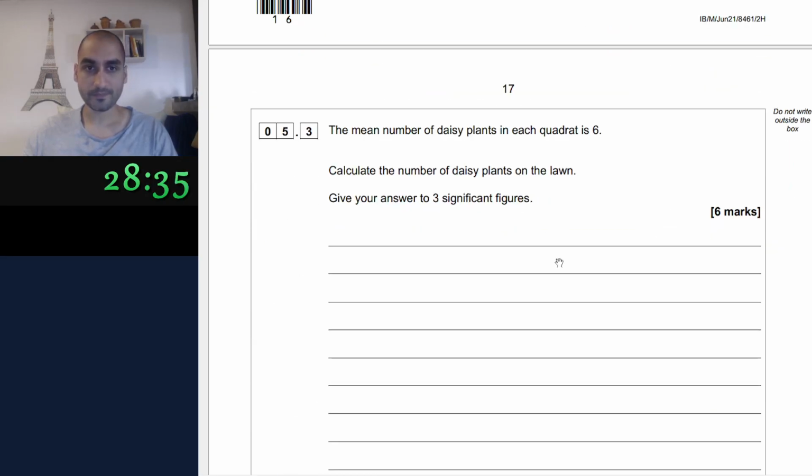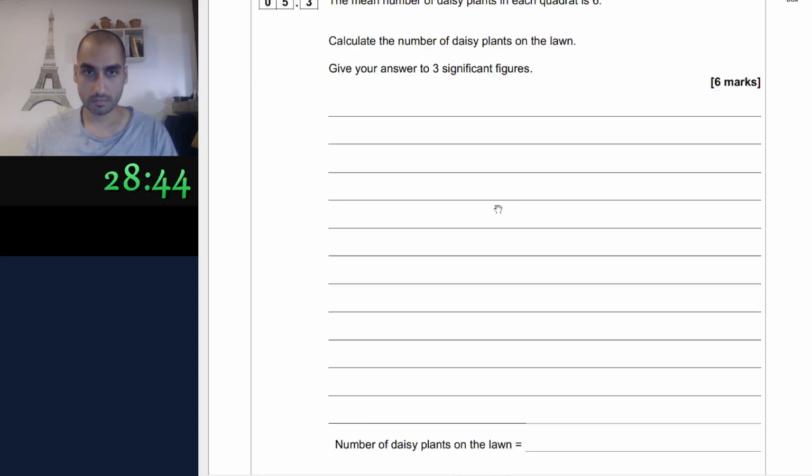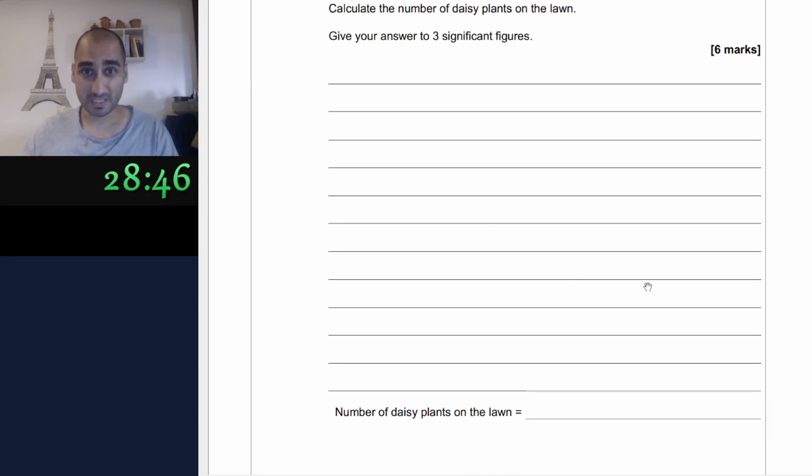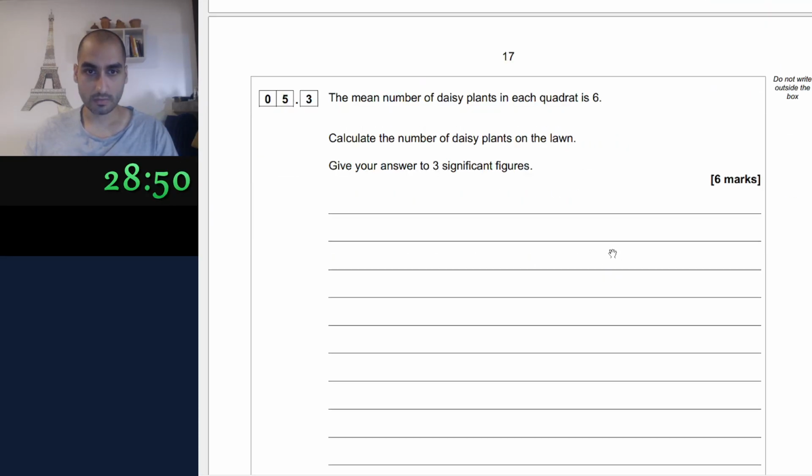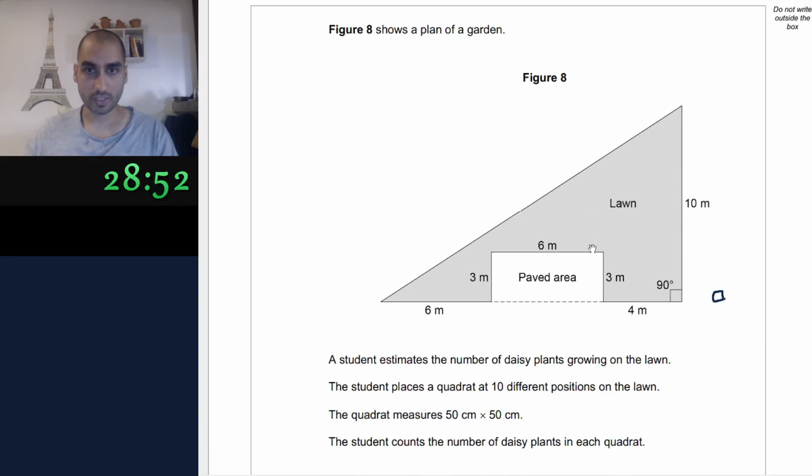The mean number of daisy plants in each quadrat is 6. Calculate the number of daisy plants on the lawn. 6 marks? Well, I should be able to get this. So, area of lawn.